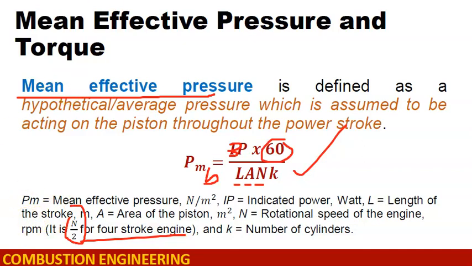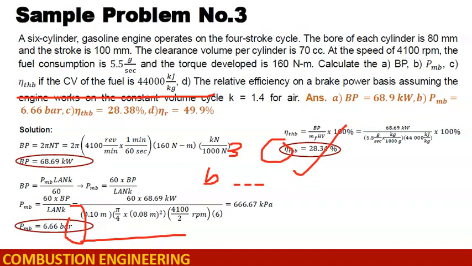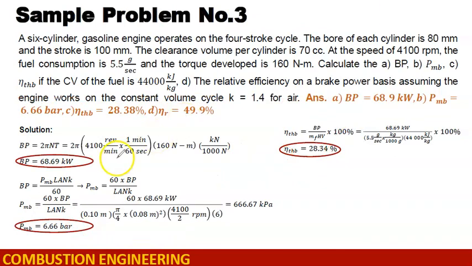So going back to our problem, we can solve for the PMB by using BP instead of IP. Substituting all the given, when you use this formula, your BP should be in kilowatts so that your result is kPa. When you use watts, your result is Pascal. Then L should be in meters, and the area should be in meters squared. That's the area of the cylinder.